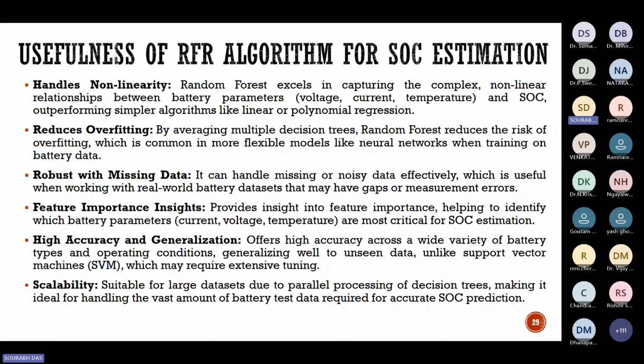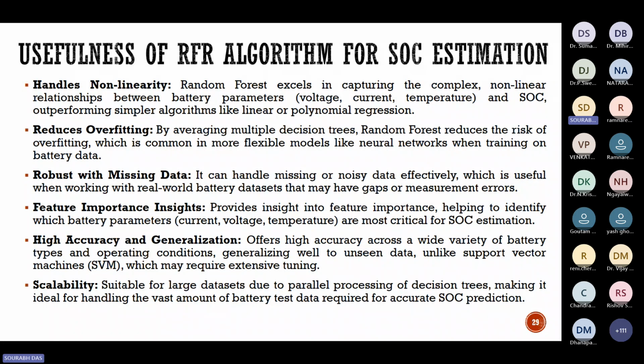Then, high accuracy and generalization: it offers high accuracy across a wide variety of battery types and operating conditions, generalizing well to unseen data, unlike support vector machines, which may require extensive tuning.